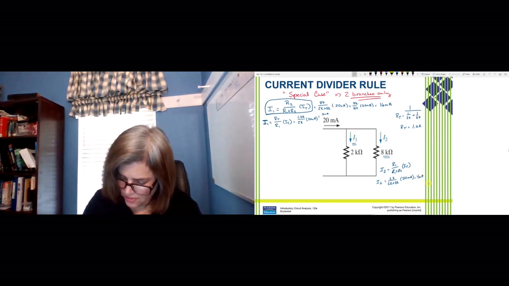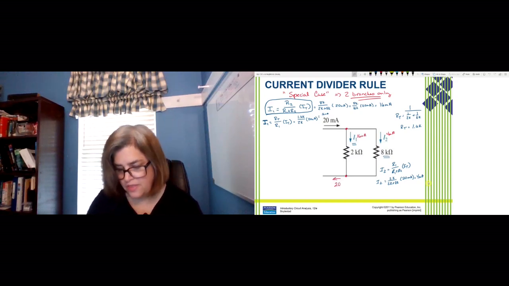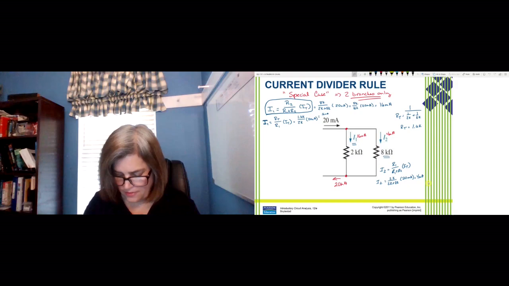So we should have 4 milliamps here, 16 milliamps here, coming from 20. And of course they will go right back together at the end. And that's what we'll see.